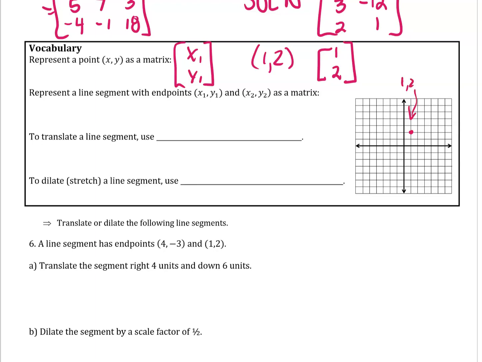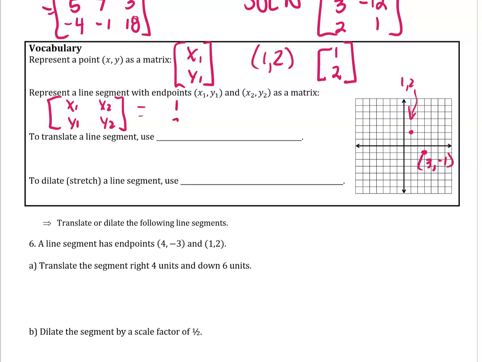If I wanted to represent a line segment with endpoints x1, y1, and x2, y2, well, I'd have x1, y1, x2, y2. So let's say I'm going to have this line segment from the point 1, 2 to the point 3, negative 1.